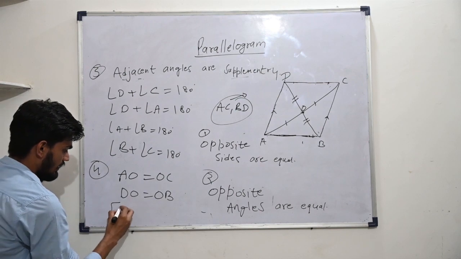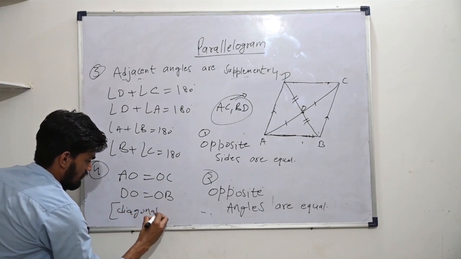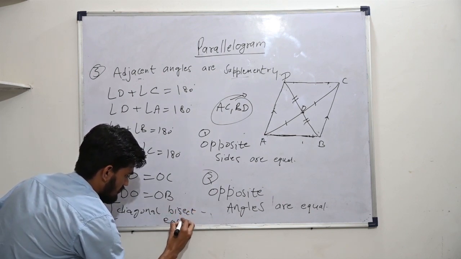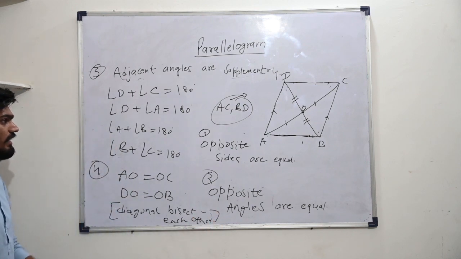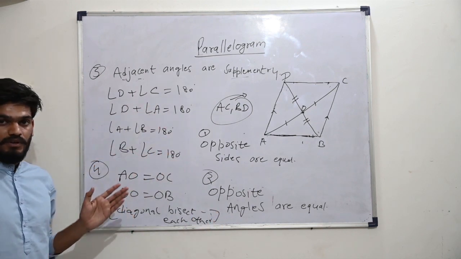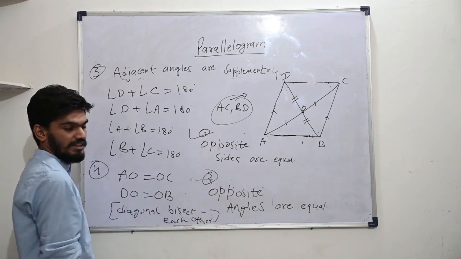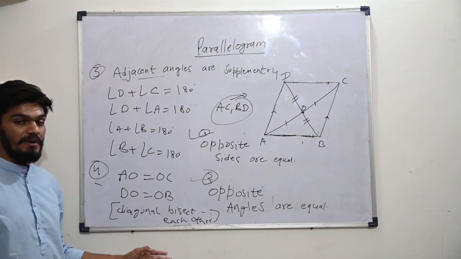What is the reason? Diagonals bisect each other. Alright, so that's what the four properties of parallelogram are: opposite sides equal, opposite angles are equal, adjacent angles are supplementary, and diagonals bisect each other.